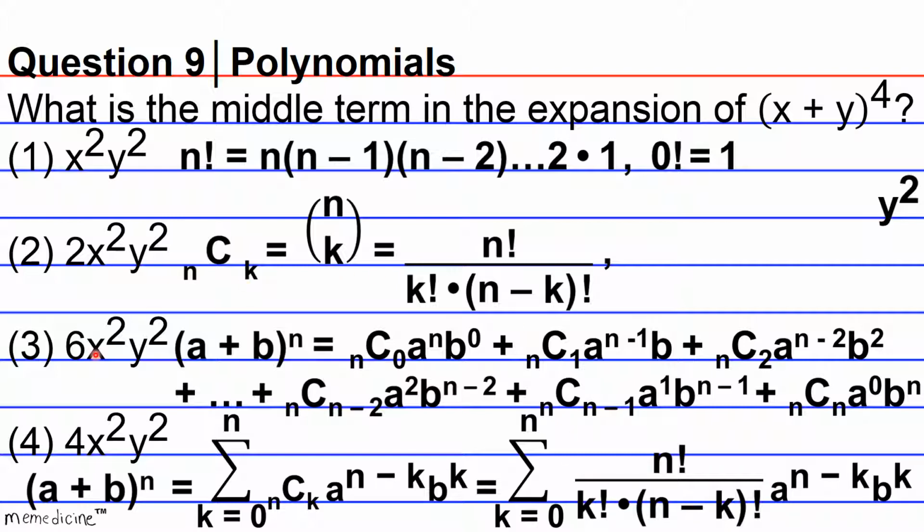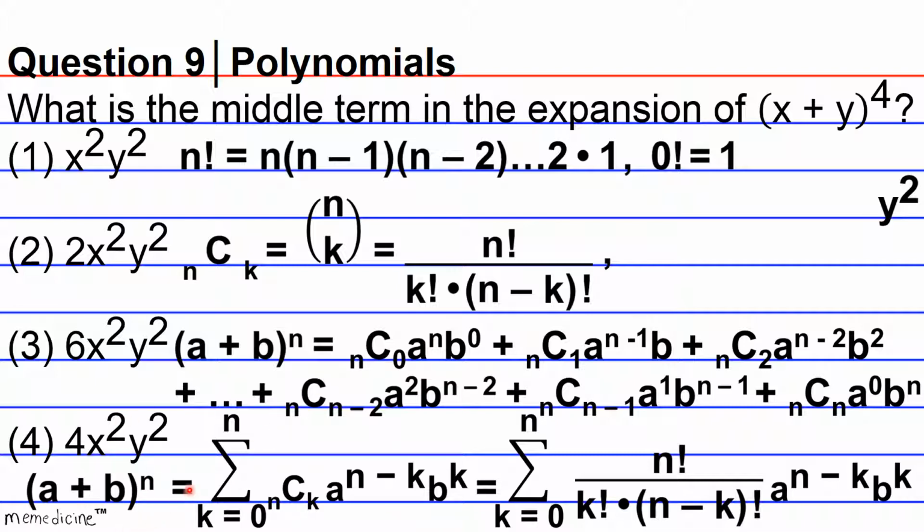And early on, when we were discussing the question stem, we said that a is equivalent to x, b is equivalent to y, and n is equivalent to 4. So if we're going to use this concept down here to solve our problem, we already have 3 values taken care of.